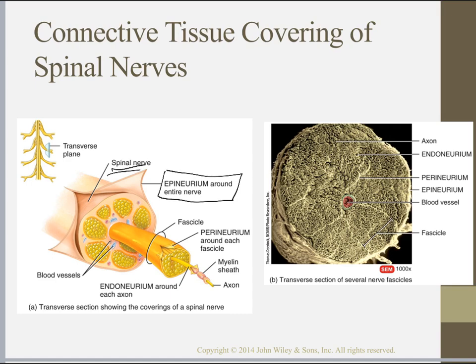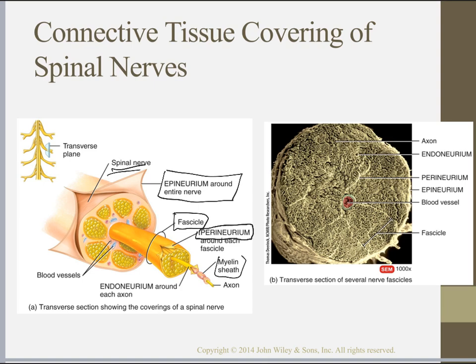Now, we're going to bundle more of these nerves, and those bundles are going to be called fascicles. So let's pull a fascicle out. We're going to wrap that fascicle, that bundle, in a connective tissue, and it's going to be called the perineurium. Now we're going to take an axon, so one single neuron.